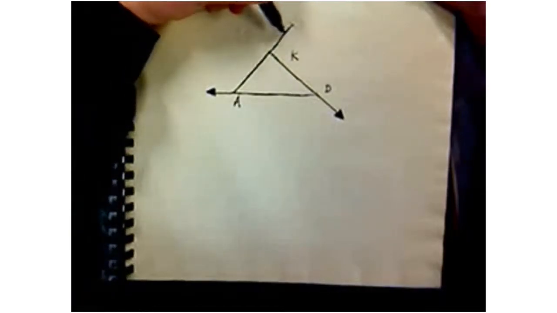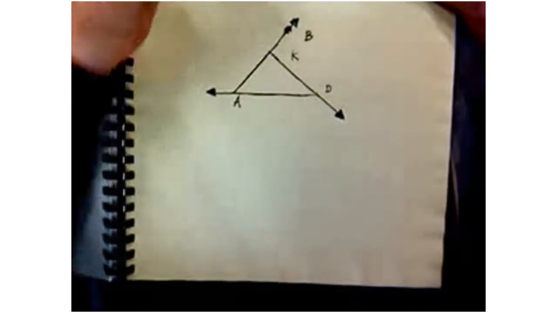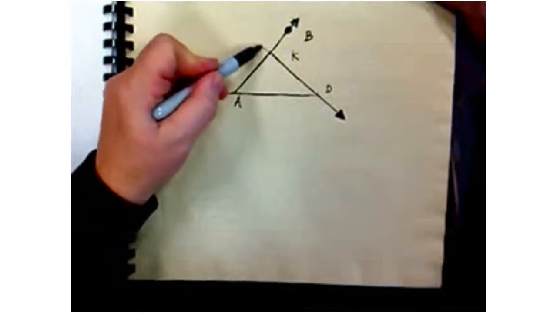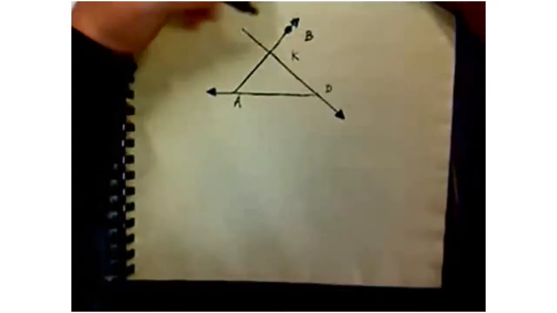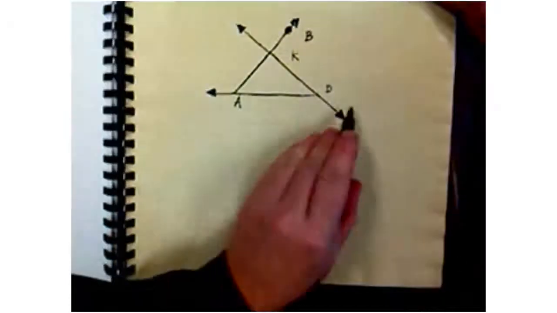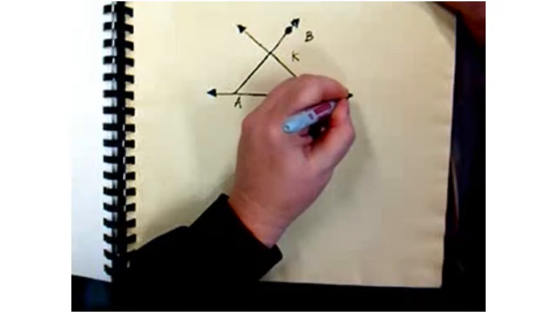So that side AK is extended, and it has a point up there, point B. And then on the right hand side, it's extended in both directions, creating a line headed into infinity with those 2 arrowheads. And then same with the base. They've extended the base with 2 arrowheads.